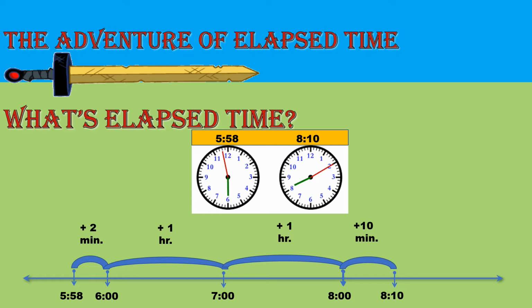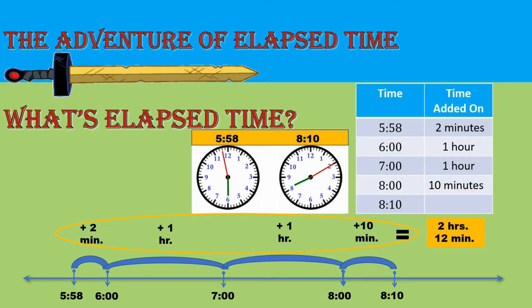If we look at this above our number line, we will notice that we have the elapsed time shown above. So to get from 5:58 to 8:10, we have had 2 hours and 12 minutes that have gone by or elapsed.